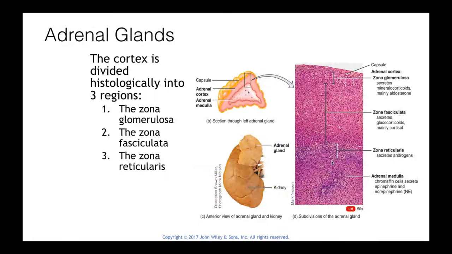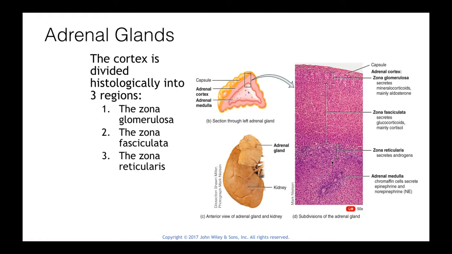Catecholamines. Now, if we look histologically at the adrenal cortex, we'll see that there are three regions: the zona glomerulosa, the zona fasciculata, and the zona reticularis. Okay. On the right-hand side, you can see histologically those three different regions.